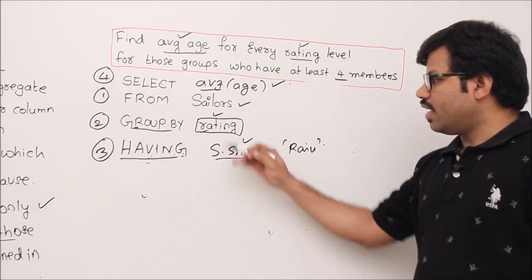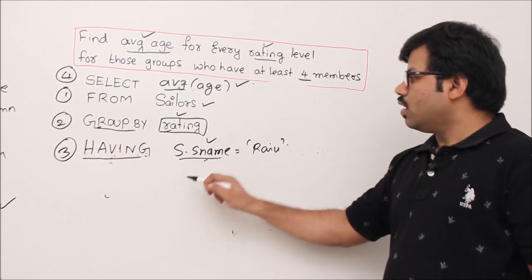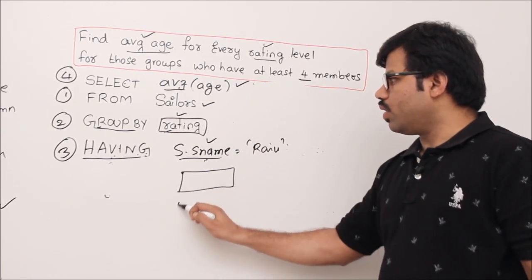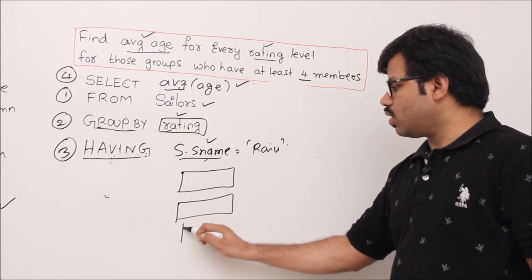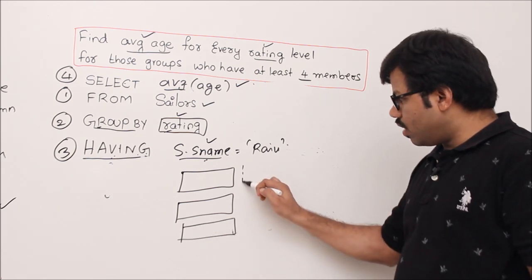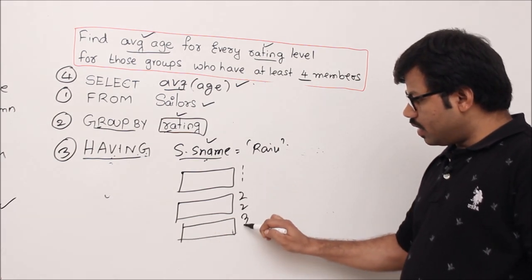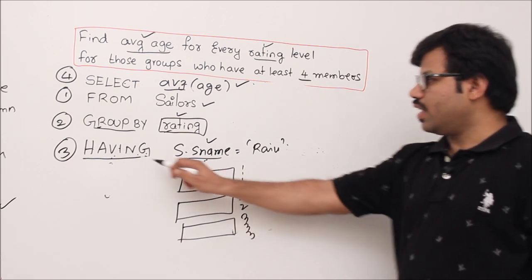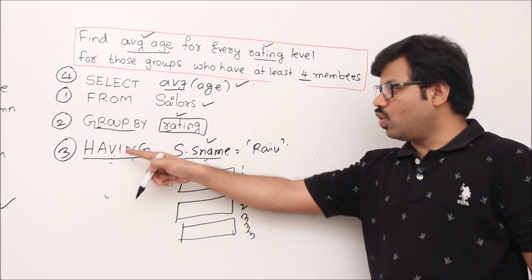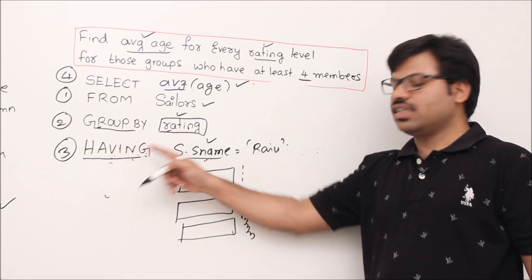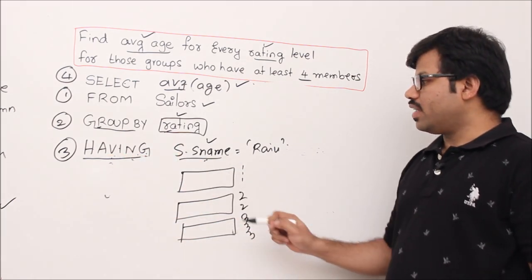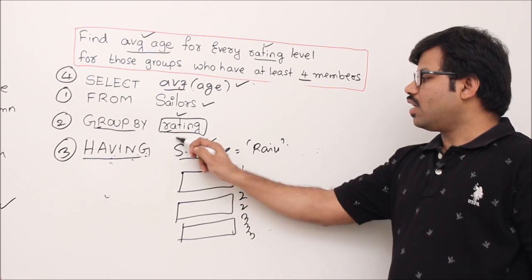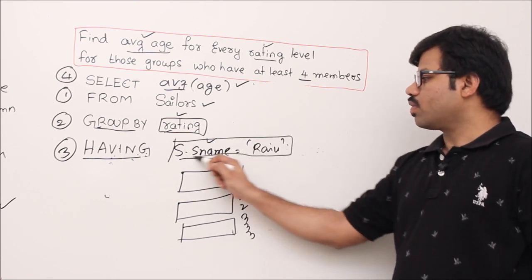For example, let's evaluate this query. Let's see what happens. First of all, your table will be grouped like this, right? There will be groups, group by what? Rating. So rating 1, rating 2, rating 3, like this. After that, we are selecting groups where the HAVING condition is satisfied. So you want to say that you want a group where the group has name Raju.